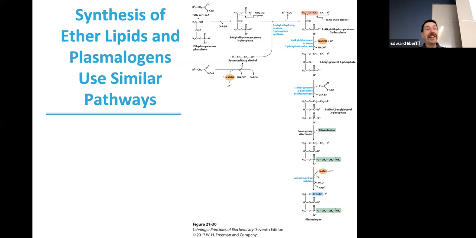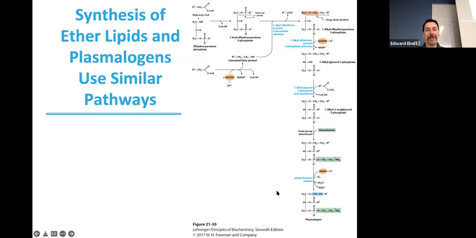Now, the reason I actually do cover this is because we have a whole bunch of other important things that get derived in similar ways. So ether lipids and plasmalogens. If we start talking about making our plasmalogens, which are important regulatory molecules, we have similar pathways.